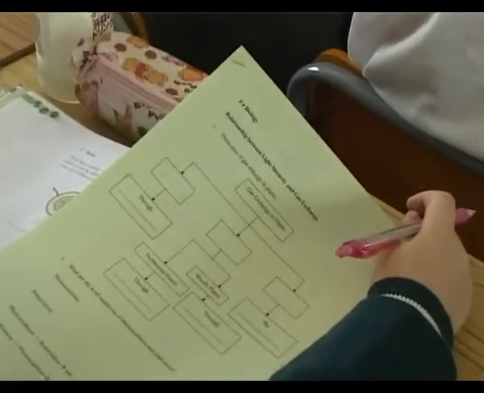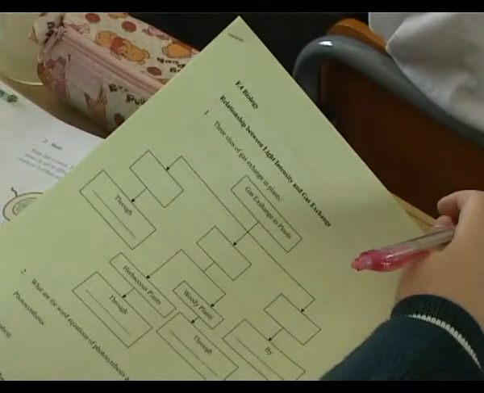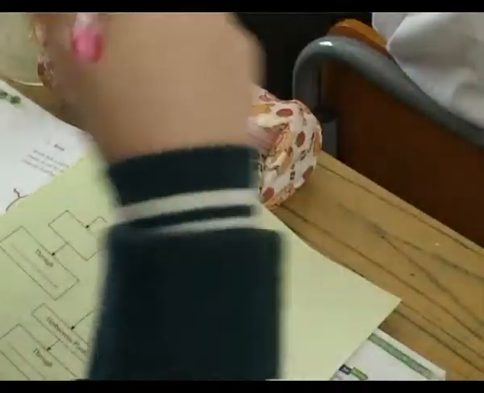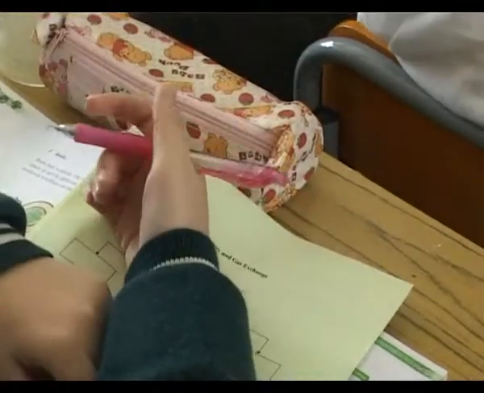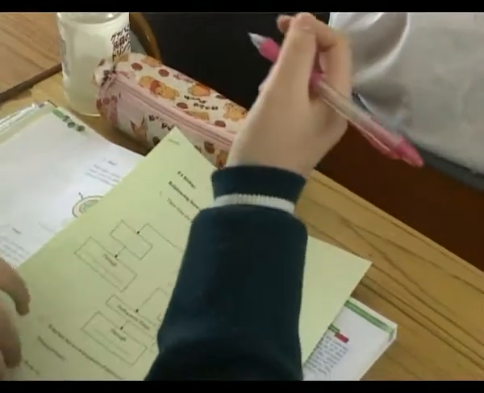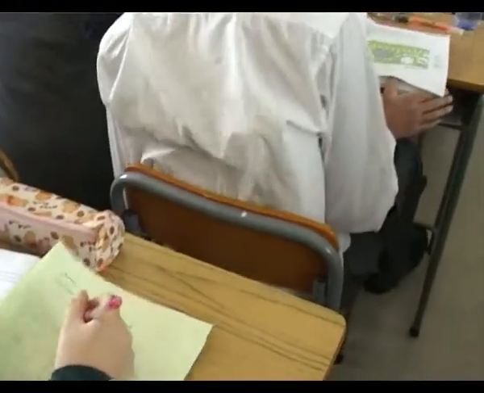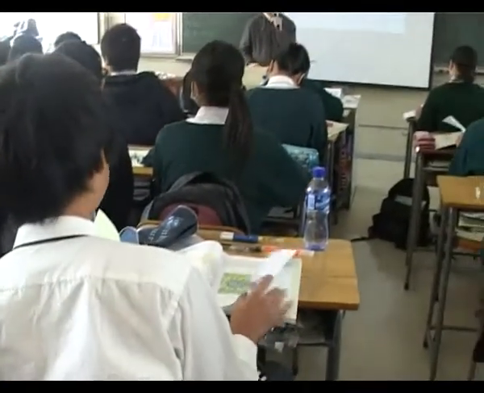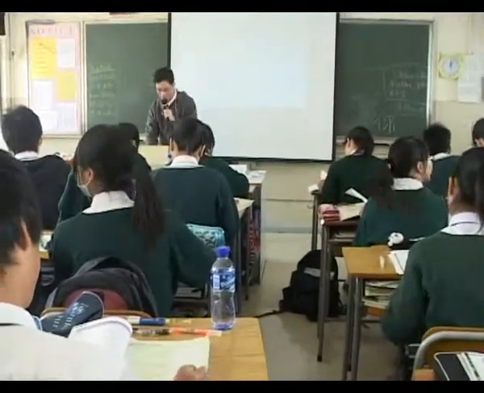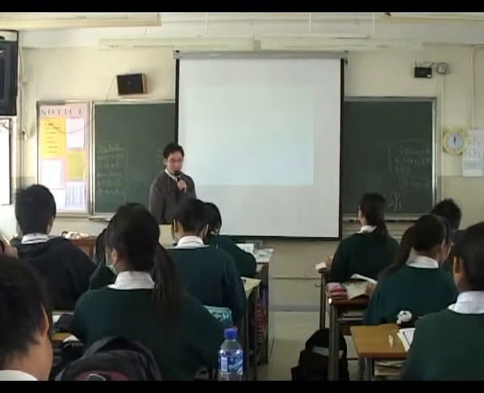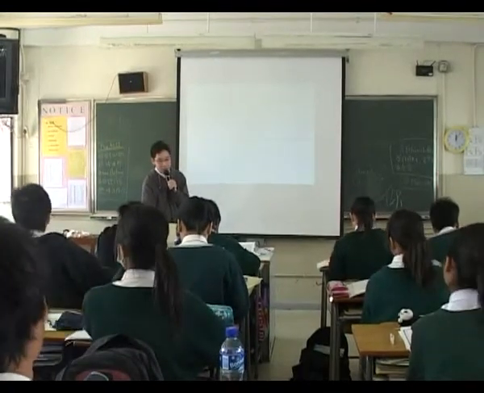Yes. So what are the three organs here? In fact, it's the three basic organs of a plant: leaves, then roots, and then stems. Thank you. So in fact, it is leaves, stems, and roots.